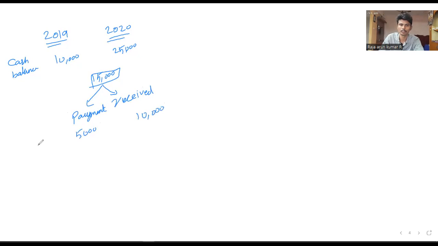We can say in the cash flow statement, the payment is cash going outside. What do you mean by cash outgoing? Cash outgoing means, in a different way we tell, cash outflow. The received, the cash you receive inside the business is known as cash inflow.